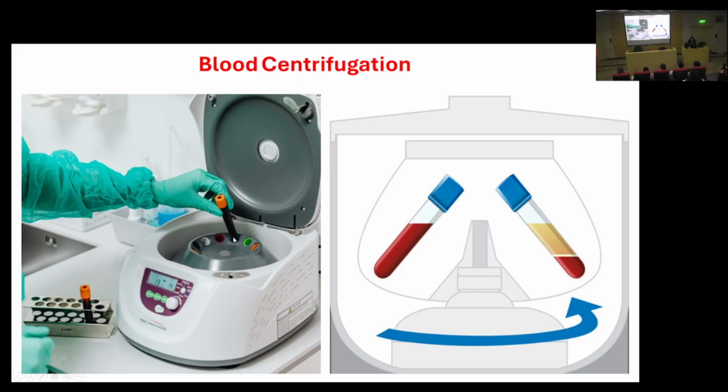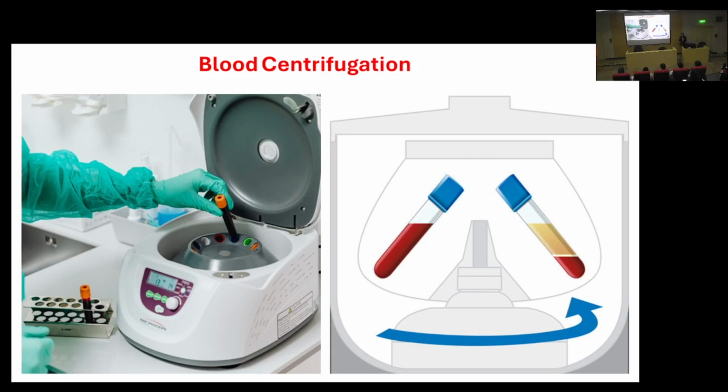You put a tube, and if you have only one tube, exactly opposite to it you have to put another tube of the same weight or mass, because it has to be balanced. If it's not balanced, as this spins so fast, it could break. But if it's balanced, it could spin so fast with no problem. If you only put one tube, that's dangerous.